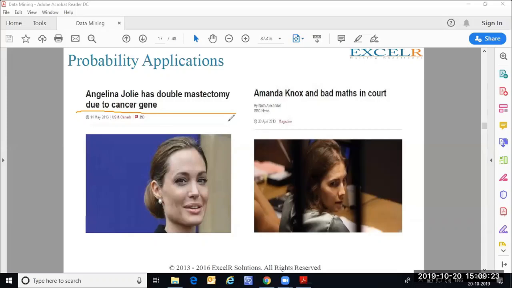But still, because of various genetic reasons from her ancestors, from her mother, the doctors examined all the medical records and came out with an estimation that there is a high probability of getting breast cancer. It is very dangerous, because it starts eating the parts of your body.